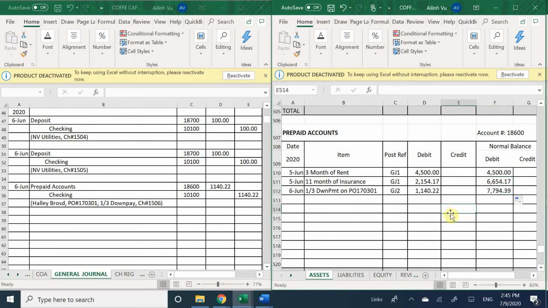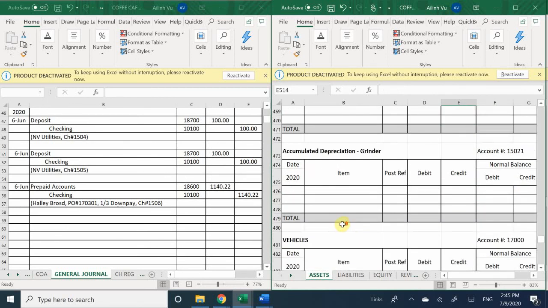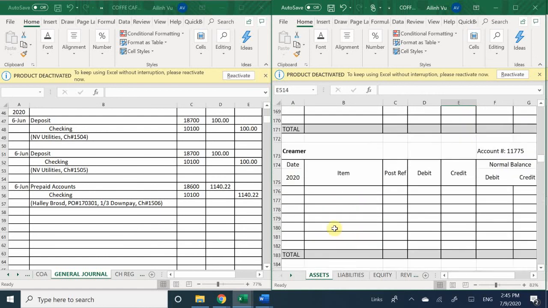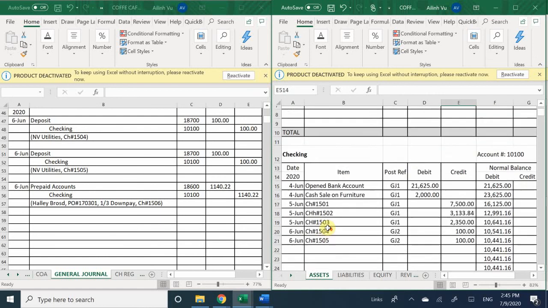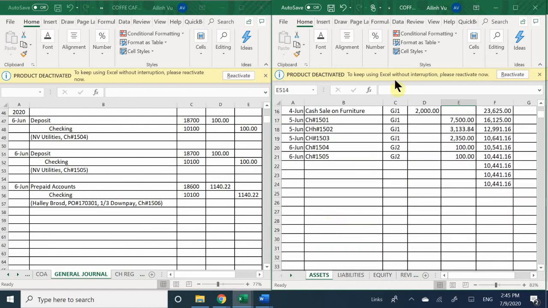7794.39 is correct. Okay. Now we gotta scroll up because we wrote a check and we need to update our checking. So our checking is going to be for 6/6, and we're gonna go for check number. What was it? 1506.